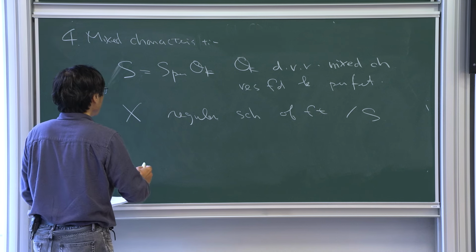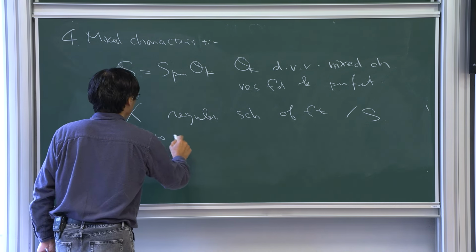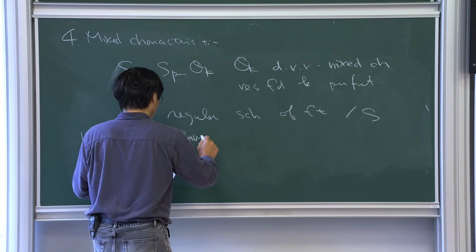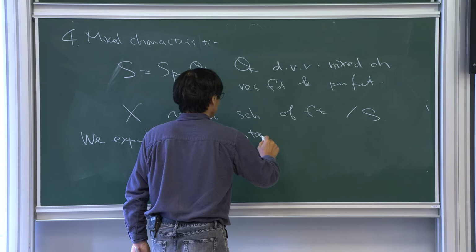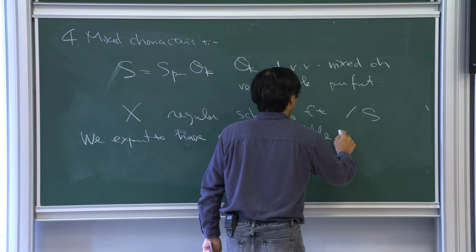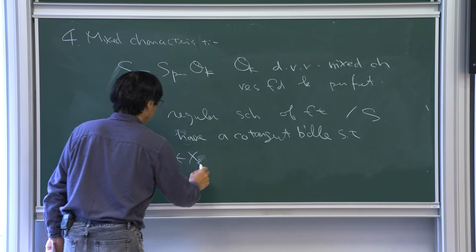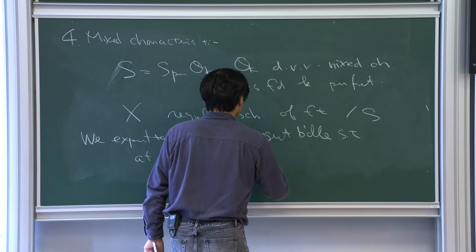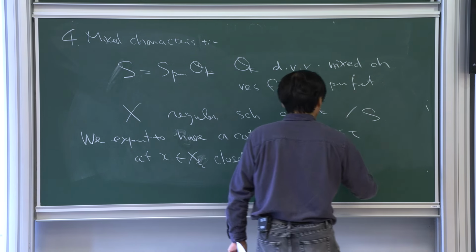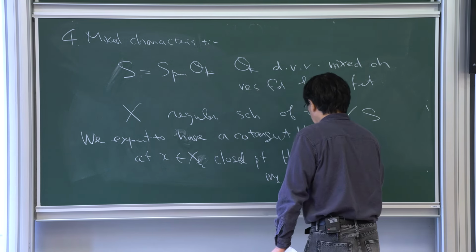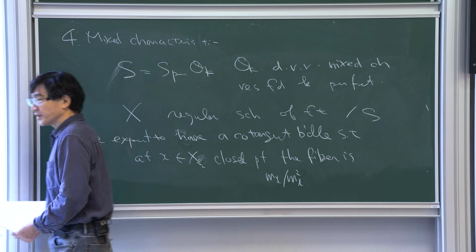Okay, so we want to have a cotangent bundle such that at a closed point the fiber is the cotangent space. So the rank should be the dimension of X.